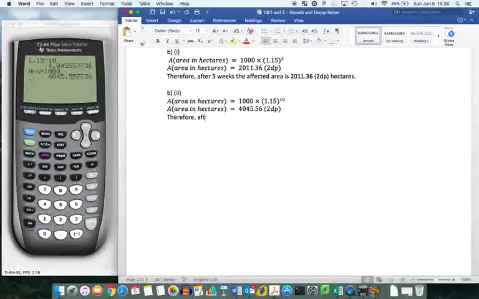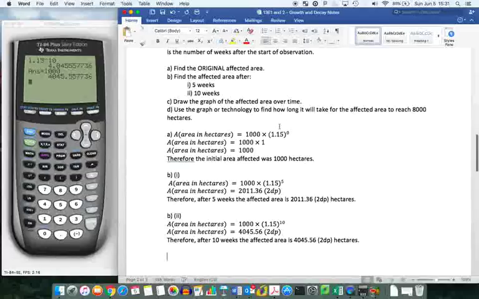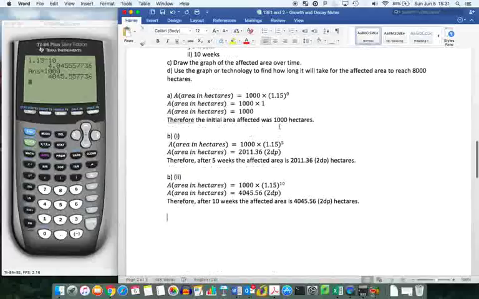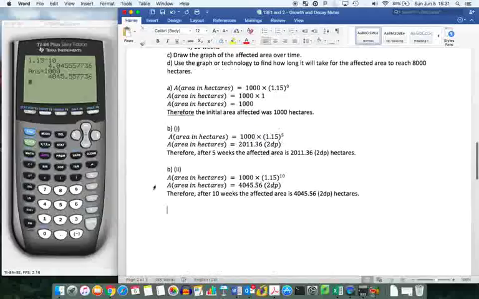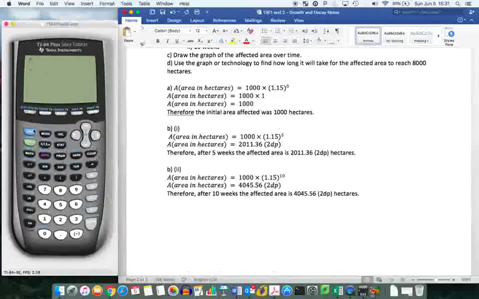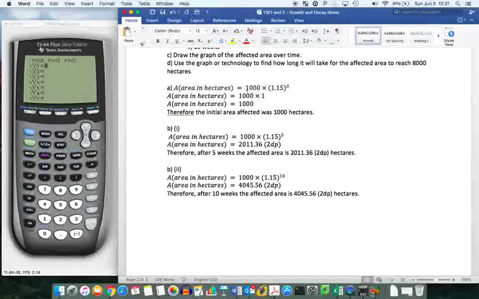Therefore, after 10 weeks, the affected area is 4045.56 to 2 dp hectares. That's B answered. C. Draw the graph of the affected area over time. So it's just asking for a graph of that function, which is 1,000 times by 1.15 to the power of n.